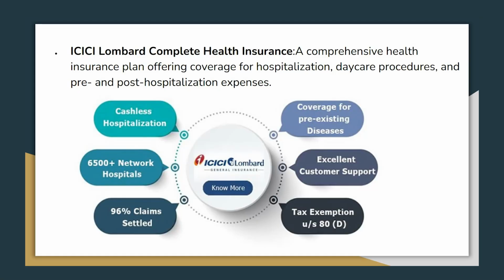Even ICICI Lombard Health Insurance Company is offering cashless treatment at over 6,500 network hospitals. What does network hospital mean? Network hospitals are nothing but the empaneled hospitals of the secondary or tertiary kind, wherein the hospitals are empaneled for those insurance companies.